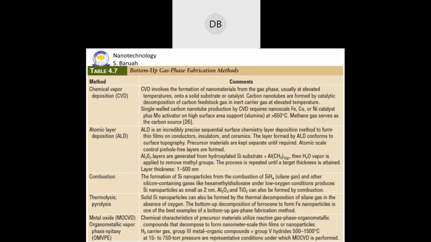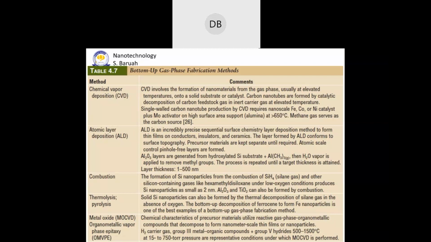ALD is an incredibly precise, sequential surface chemistry layer deposition method. Basically it's a chemical process to form thin films on conductors, insulators, ceramics, you name it. Any type of substrate you use, you can deposit a thin layer of material at the nano size.